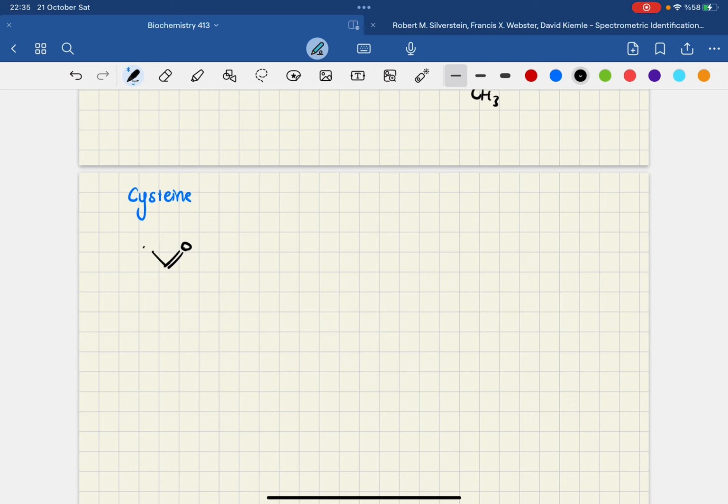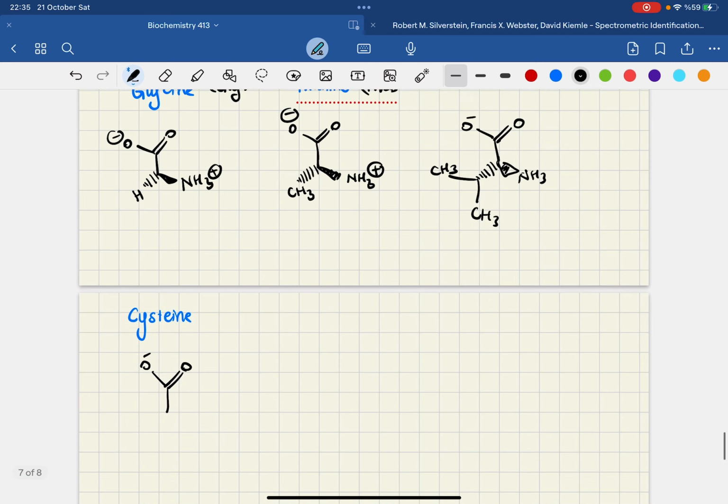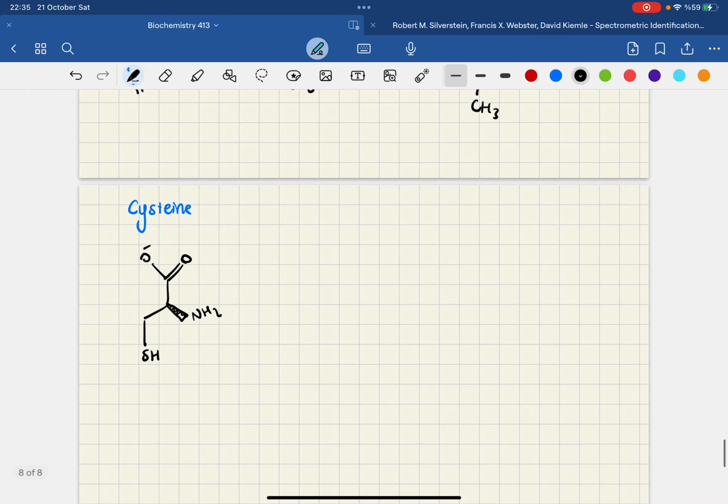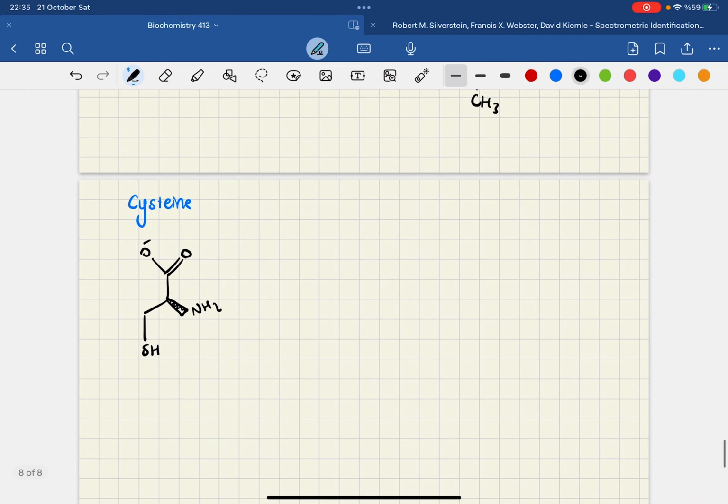So let me write it over here, and then we will have our amine group. All right, and then we will have just one carbon and sulfur containing group. All right, as simple as this. Let's write it so that it will be easier for us to memorize.